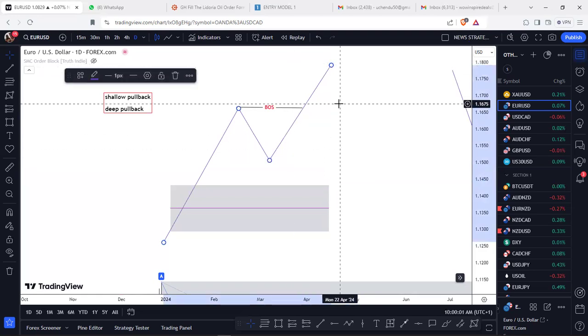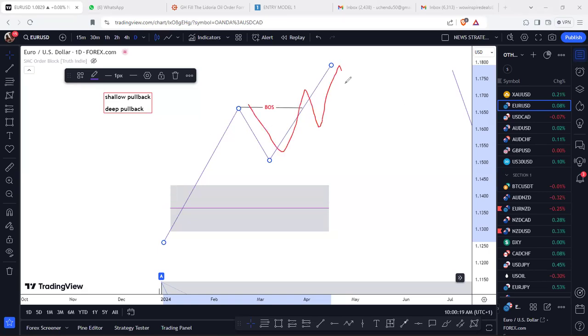It does not create a major structure, rather it creates a range structure, because since price is here to mitigate all the unmitigated area below it, we are still in a range structure.